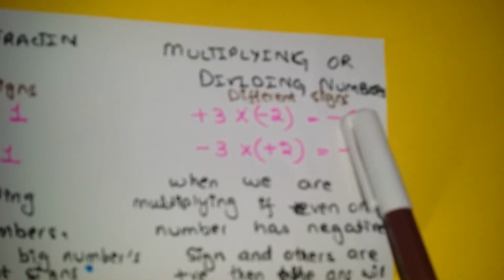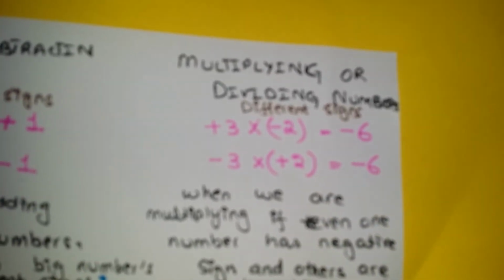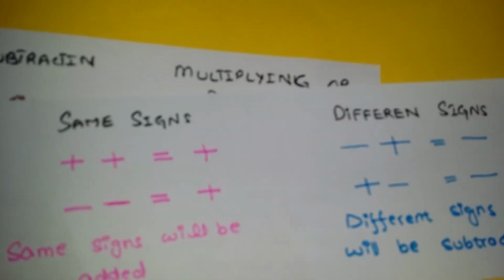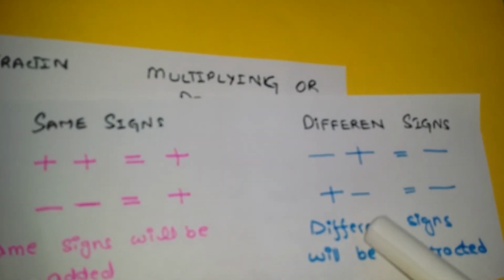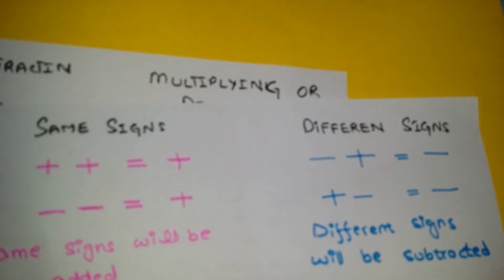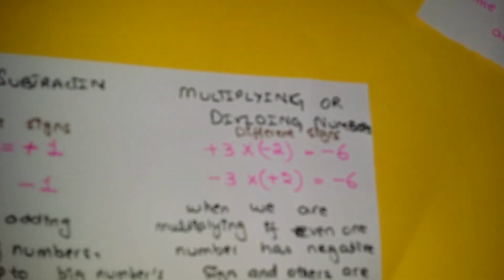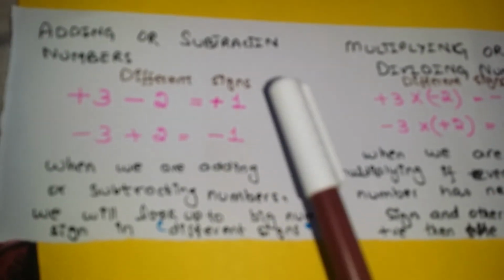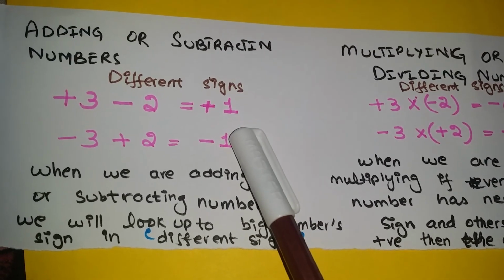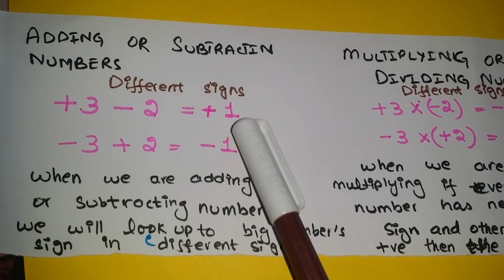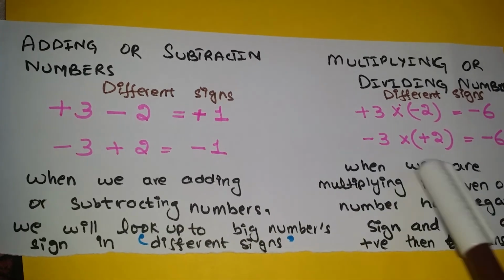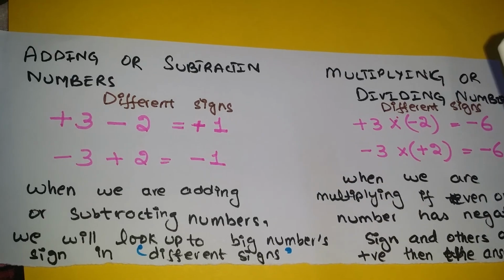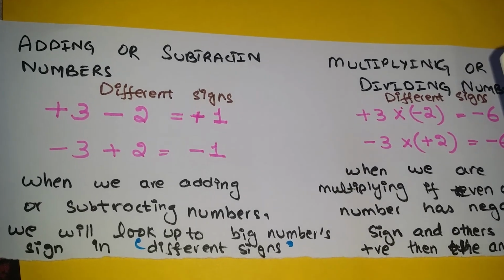Plus minus will become minus, as I told you earlier, that minus plus or plus minus will become minus in multiplying or dividing. It happens in addition and subtraction as well, but the sign of the result will be different. So look at these two definitions and you will understand it better, and you can solve these questions very easily.